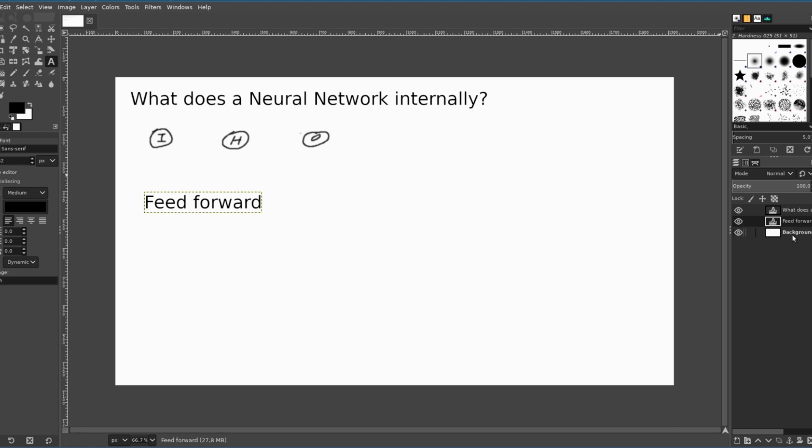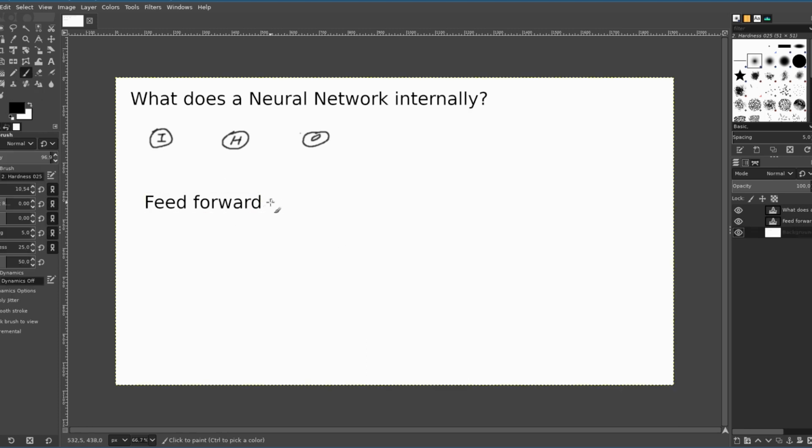The direction of the execution is this one, follow this arrow. This means that when we insert an input into the neural network, this input travels from the input layer to the hidden layer, and from the hidden layer to the output layer. But let's see how this is possible.